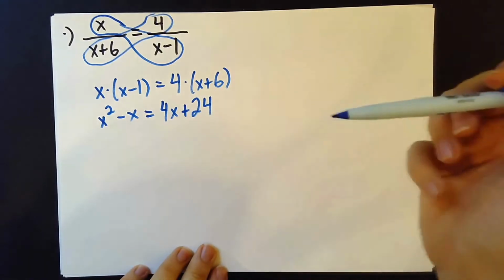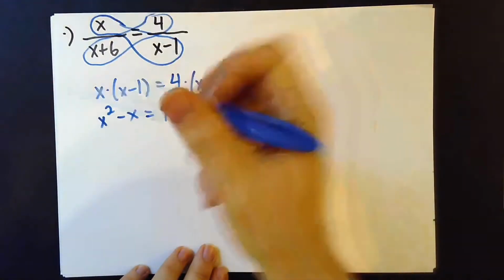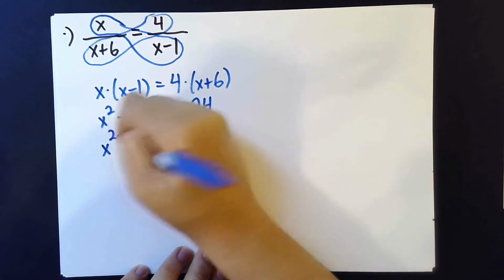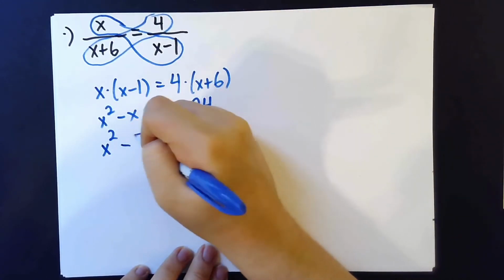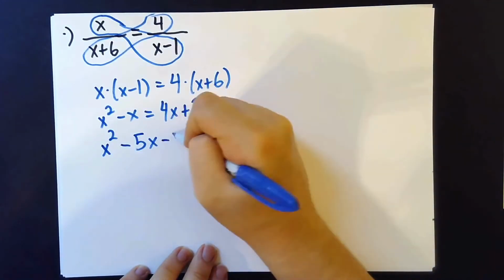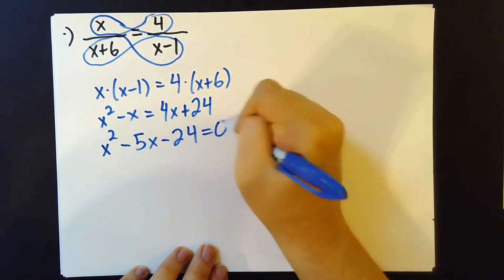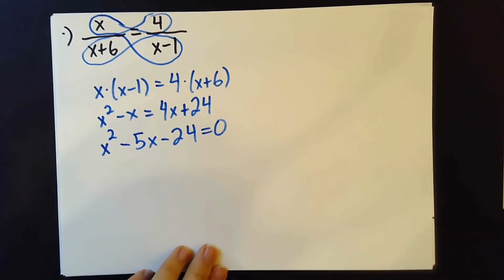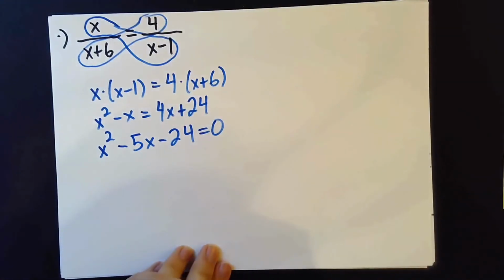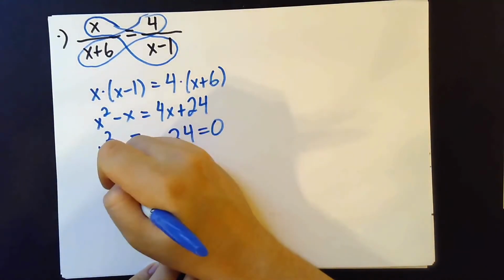So I want to push everything over to the left. So this will be x squared minus 5x minus 24 equals 0. And what do I do to solve quadratics? I factor them. So I will factor this.